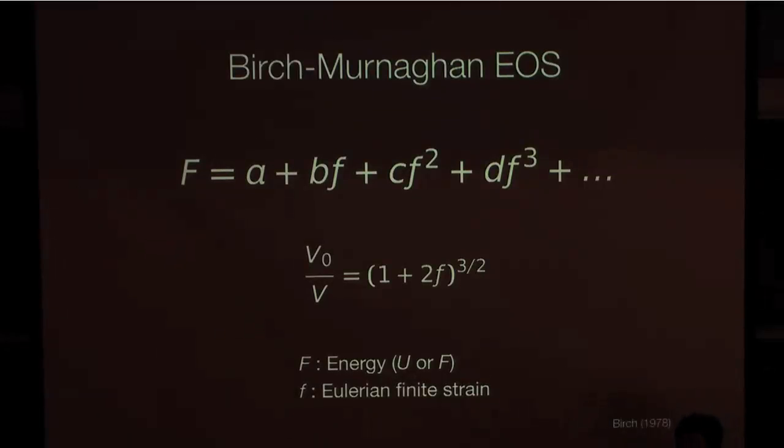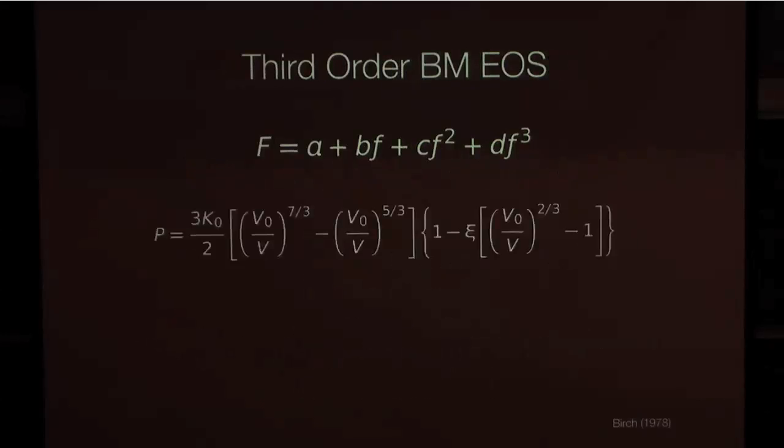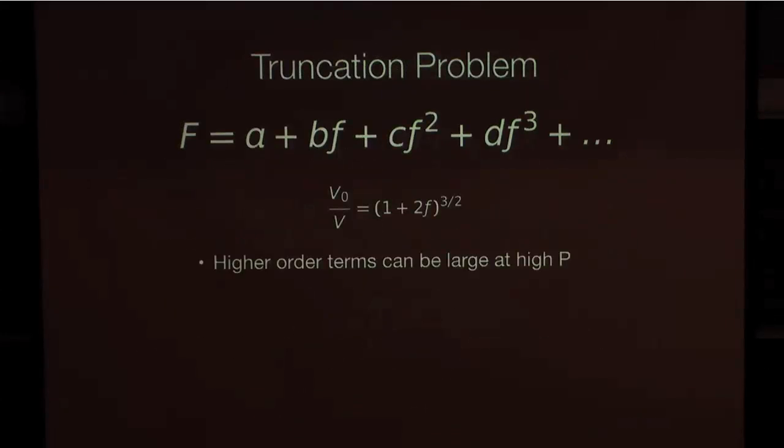The definition of strain, which is little f, comes from using a finite strain rather than an infinitesimal strain, keeping the cross terms, and then defining in a Eulerian reference state rather than a Lagrangian reference state. So that's the Moynihan contribution.